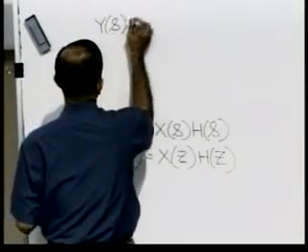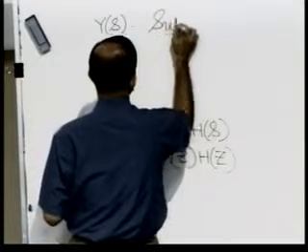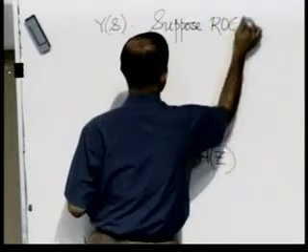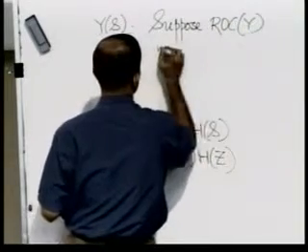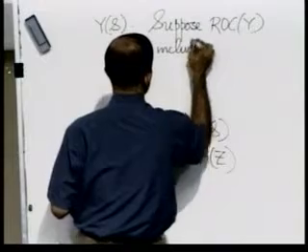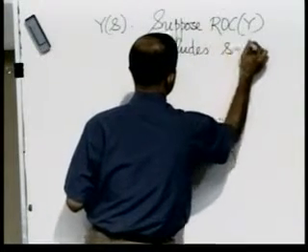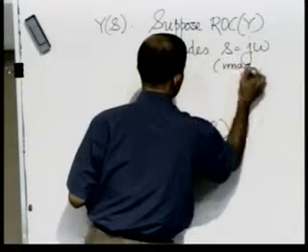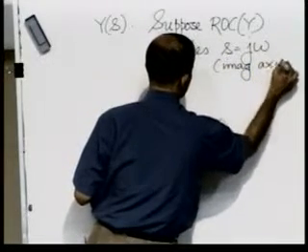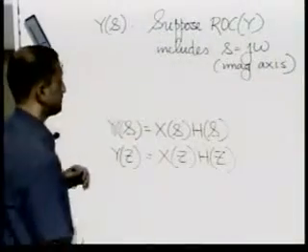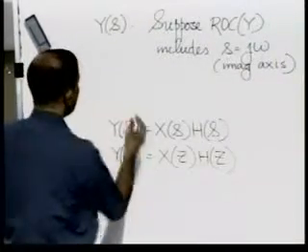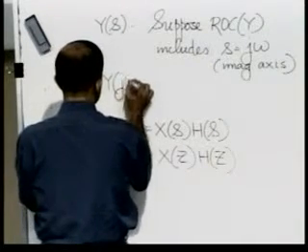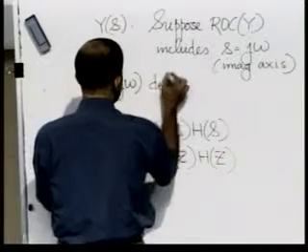Suppose the ROC of Y(s) includes s equal to j omega, that is the imaginary axis. Then Y(j omega) is defined and it's equal to the Fourier transform.